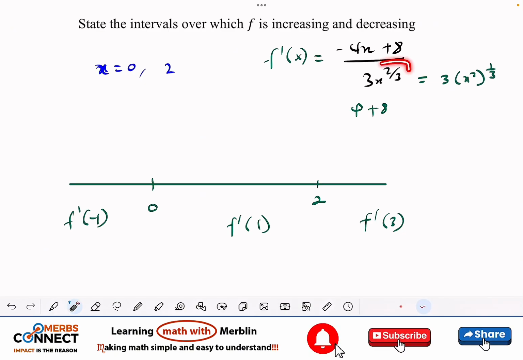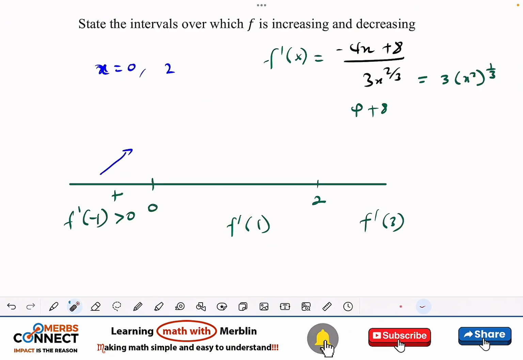So this is the same as this. You can use calculator to confirm. So anytime I plug in minus, the square will make it positive. So it's going to be divided by positive. So this one is positive. The denominator too will be positive. So it means that this one will be greater than 0, meaning that it is positive. And we see that this is increasing.